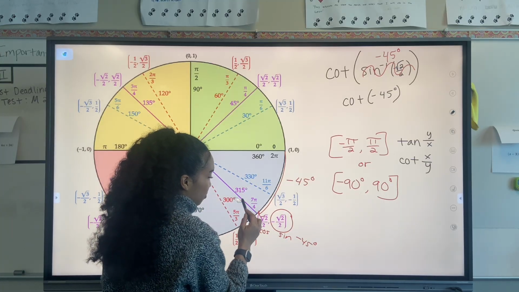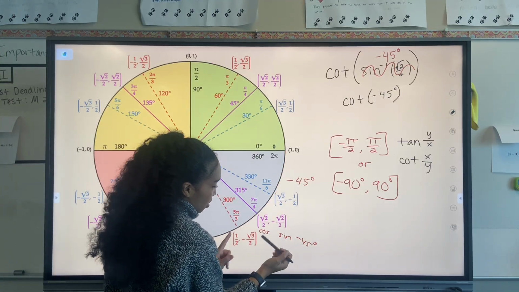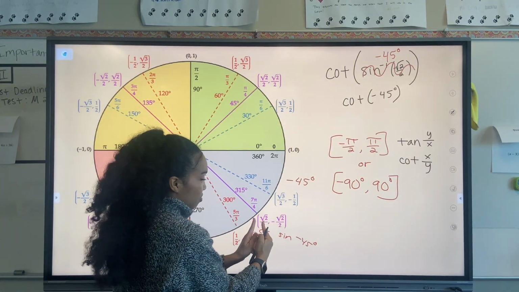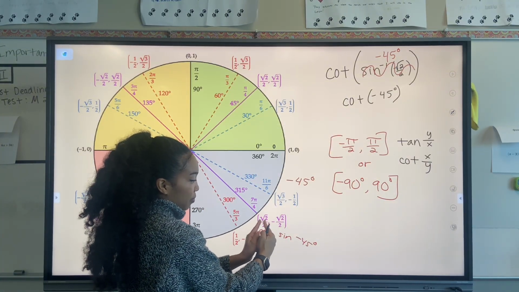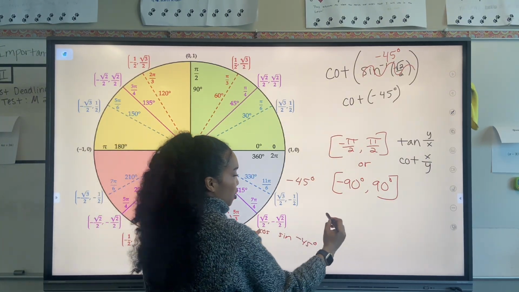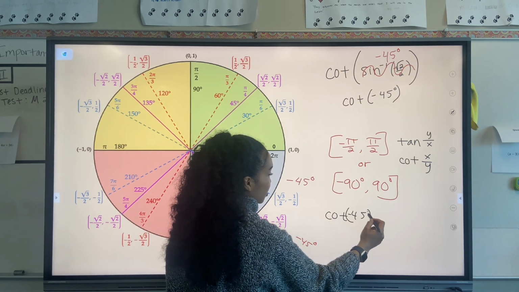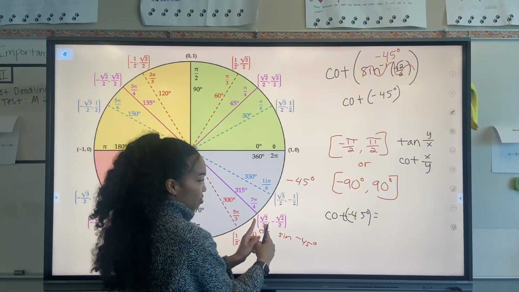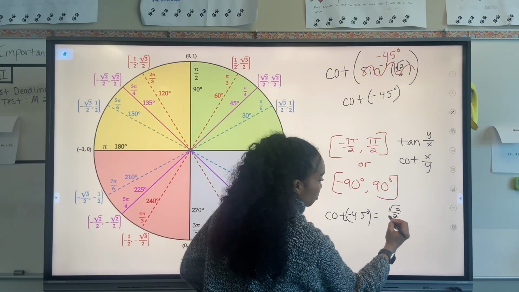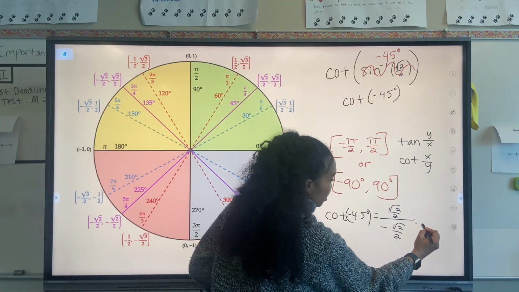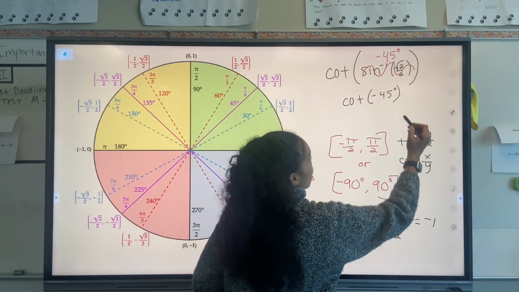The y value and the x value are pretty much the same. The signs are just different. So cotangent at negative 45 degrees: the x value is square root of 2 over 2, and the y value is negative square root of 2 over 2. So this is just negative 1. So that's your answer.